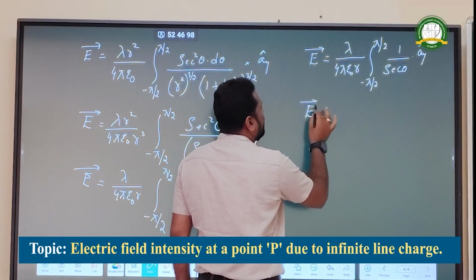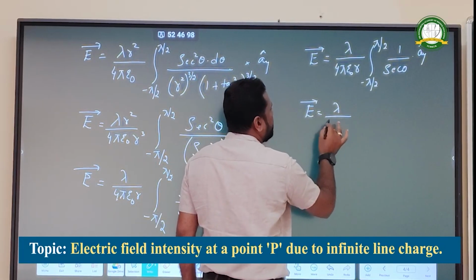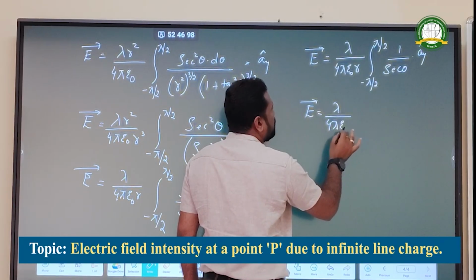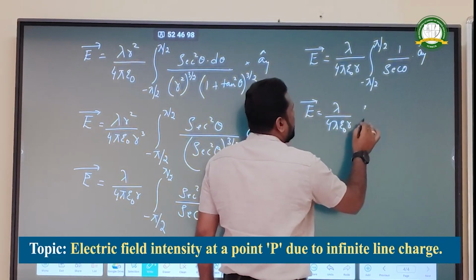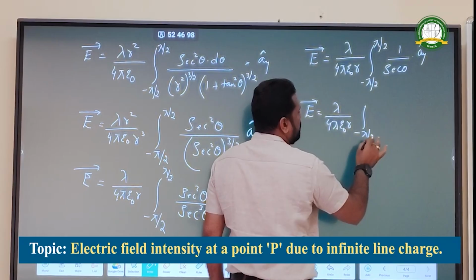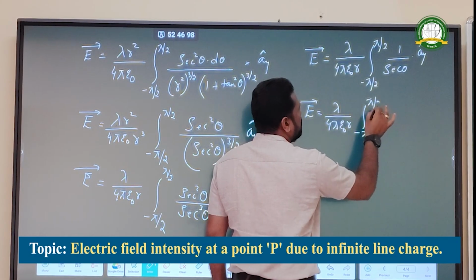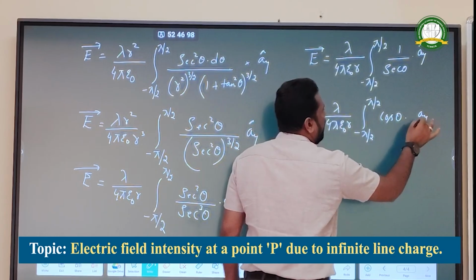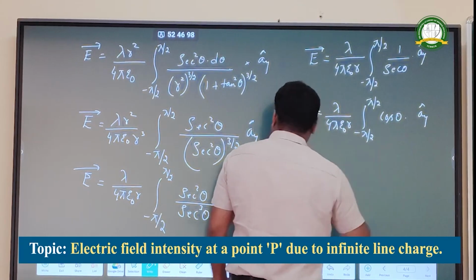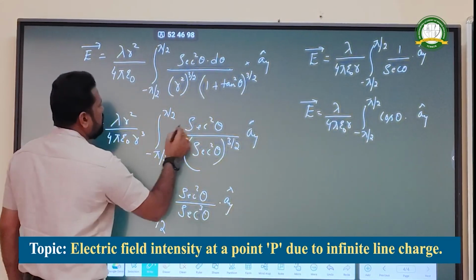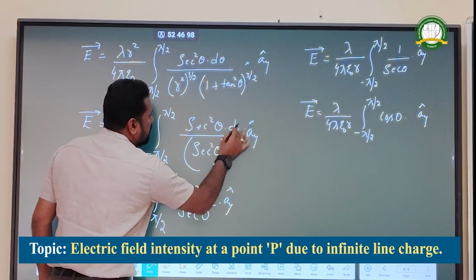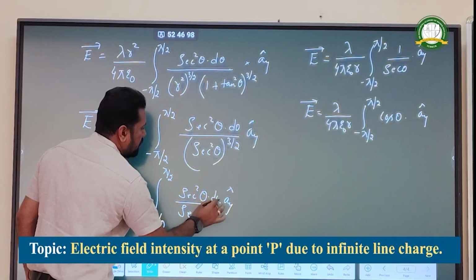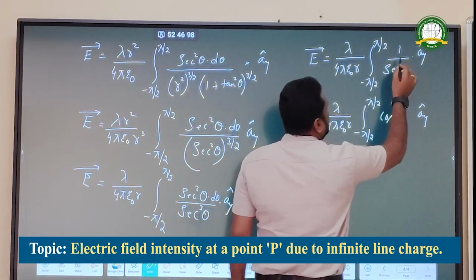So E vector is equal to lambda divided by 4 pi epsilon naught r, integration from minus pi by 2 to pi by 2 cos theta into ay cap. Here in the numerator there is a d theta, so we will carry this d theta.